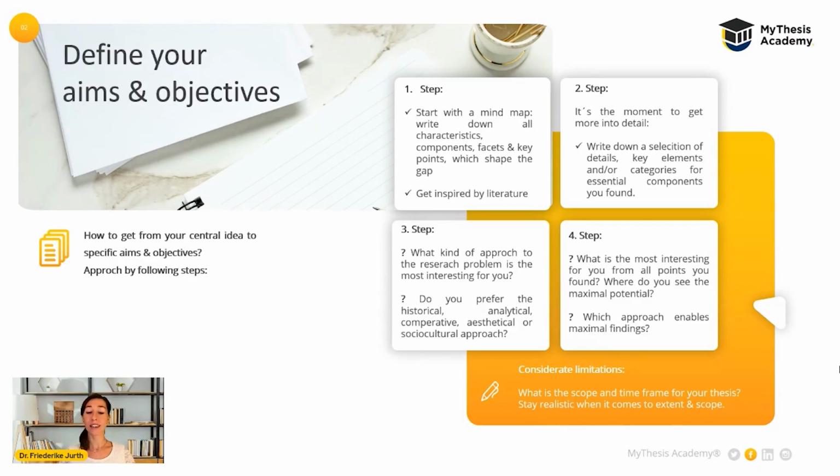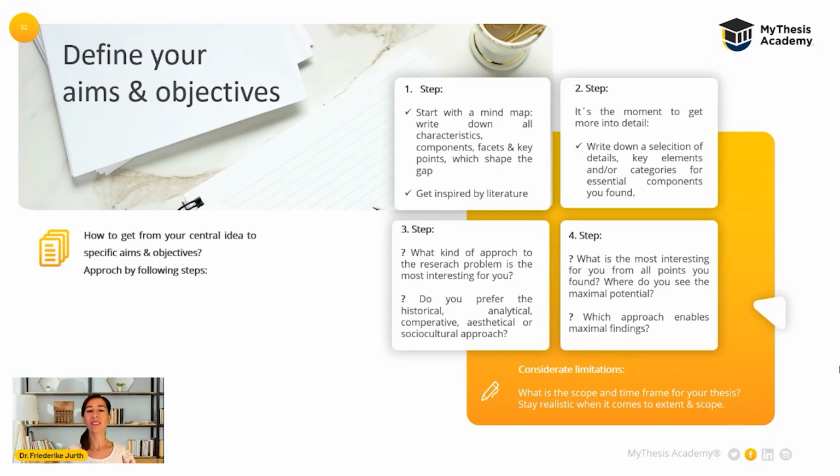So, which kind of approach to the research problem is the most interesting for you? Here, you can vote on the historical, analytical, comparative, aesthetical, or also social cultural approach, for example. The fourth step, find out what is the most interesting from all these points that you found out.